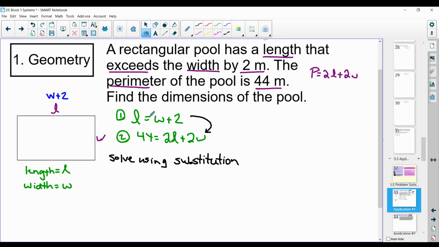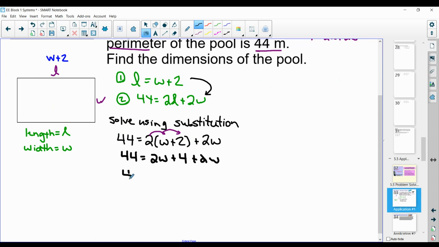All right, so I have that L equals W plus 2, so I'm going to rewrite my equation. 44 equals 2 times L, which is W plus 2, plus 2W. All right, multiplying through, I have 44 equals 2W plus 4 plus 2W.